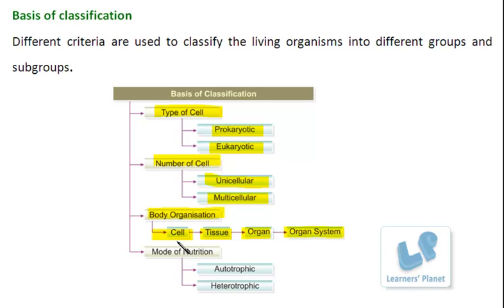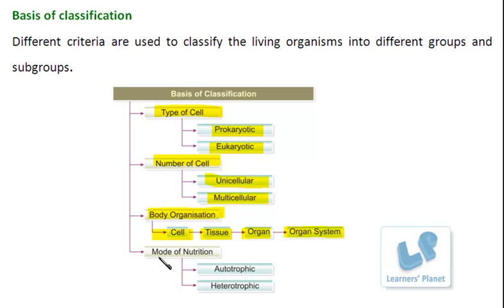Then I must say that if such body organization is observed, definitely there must be division of labor. That is how the living functions or the work have been distributed in different parts of the body. This is the next criteria for the classification of living organisms.